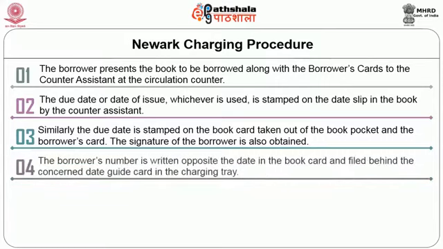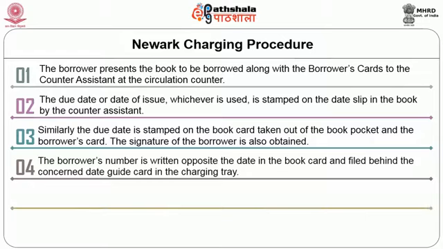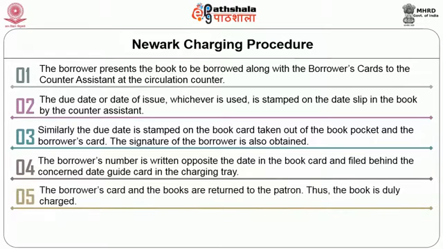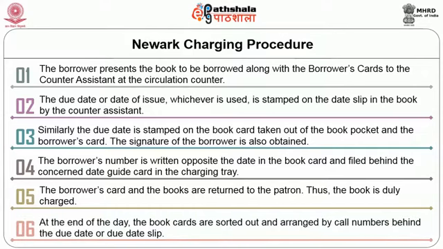The borrower's number is written opposite the date on the book card and filed behind the concerned date guide card in the charging tray. The borrower's card and the book are returned to the user, thus the book is duly charged. At the end of the day, the book cards are sorted and arranged by call numbers behind the due date slip.